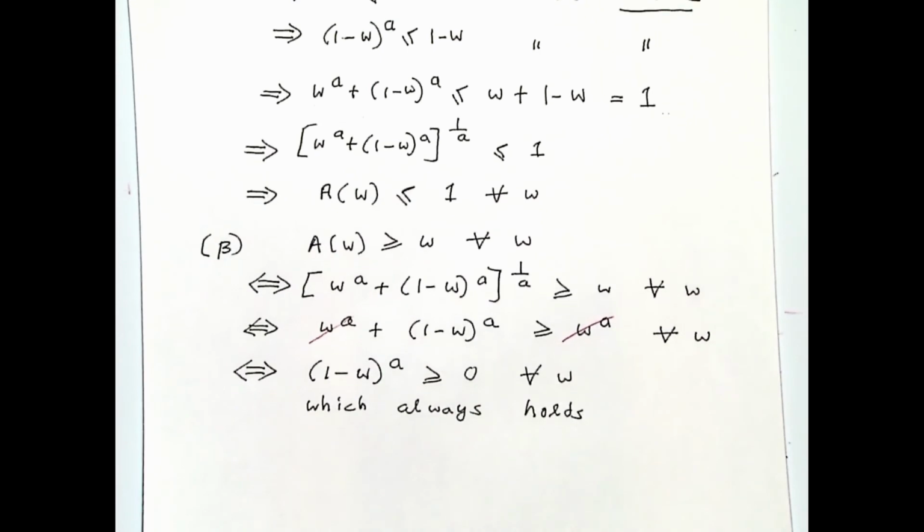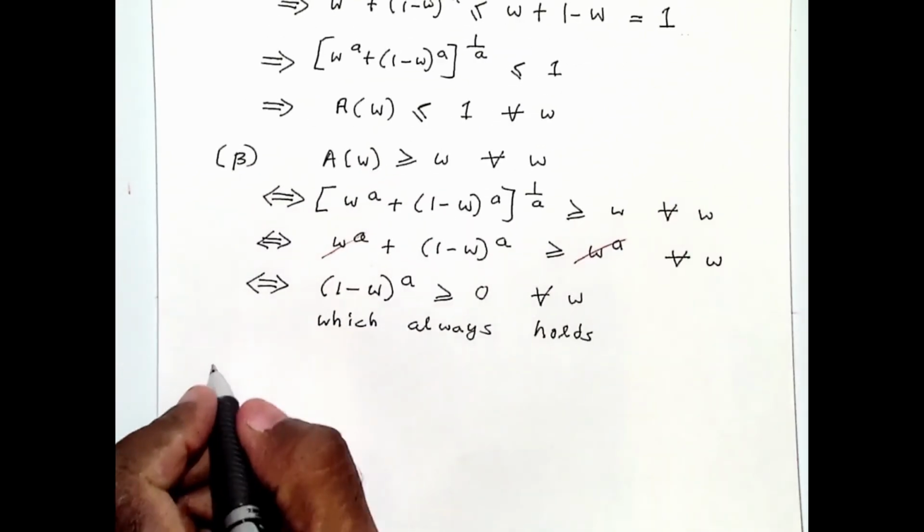Okay, so hence we have shown condition beta. Right, similarly you can show condition gamma as follows.